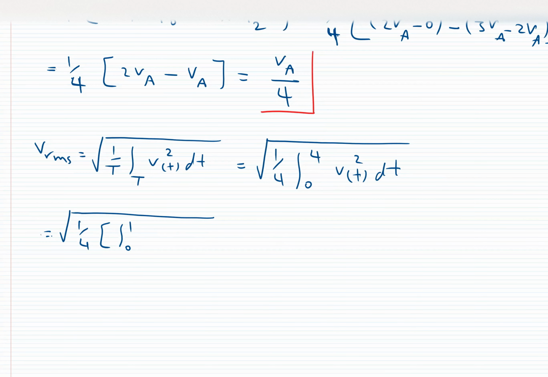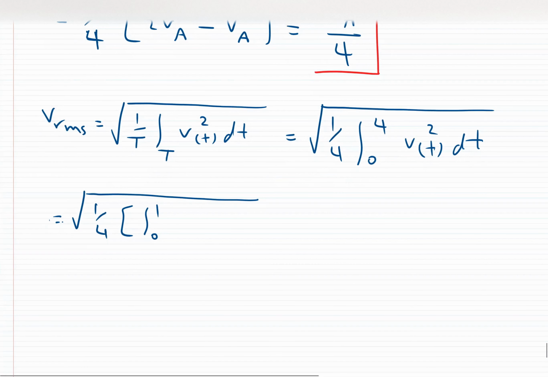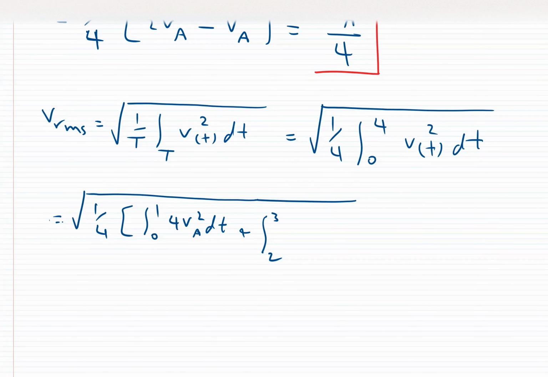Integral 0 to 1. The value of the signal for 0 to 1 is 2VA, and because it's squared, it will be 4VA squared dt, plus the second integral, from 2 to 3. The signal value is negative VA.